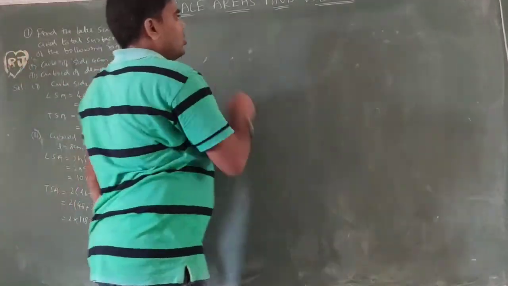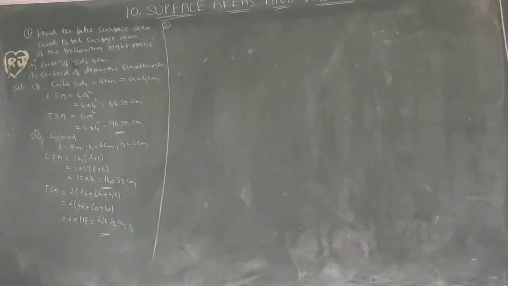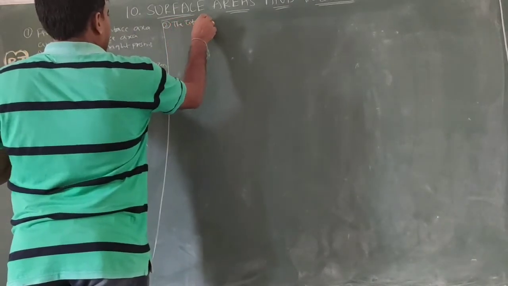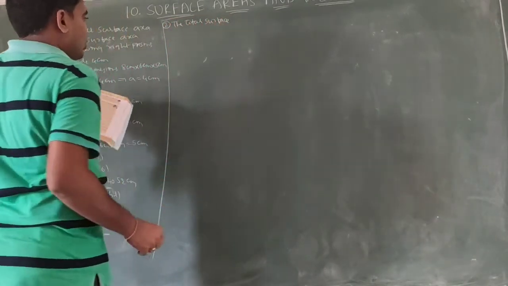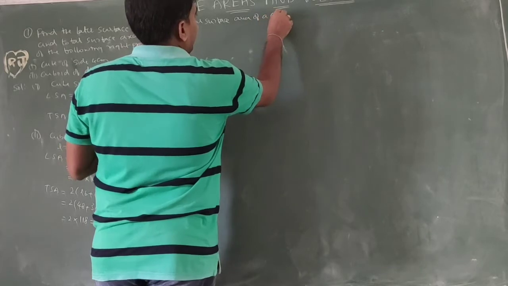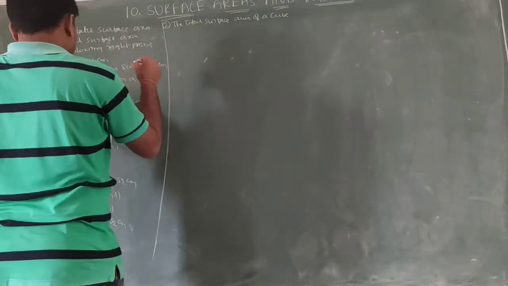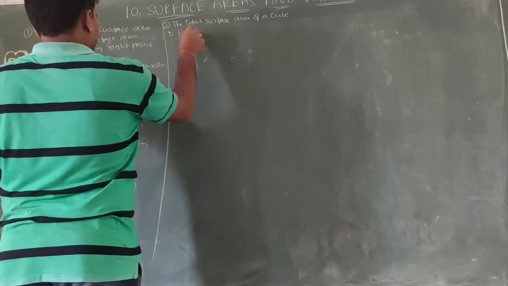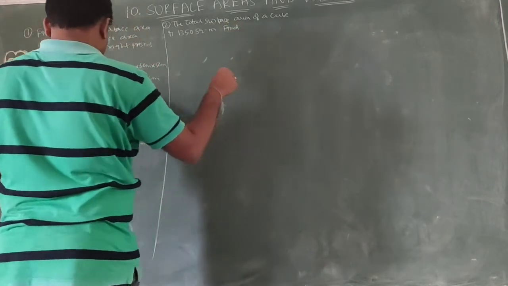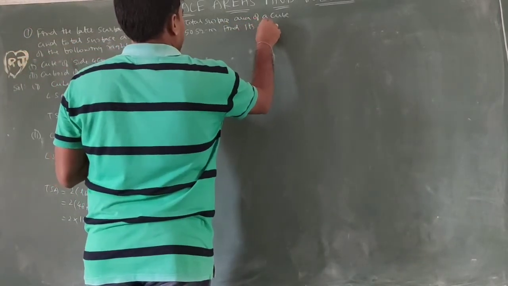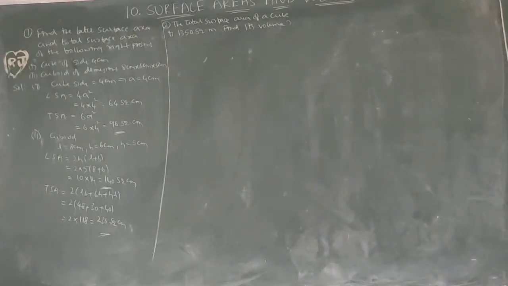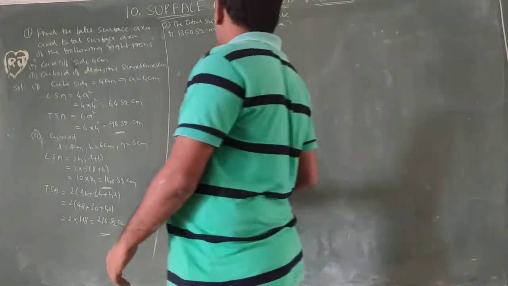Next, question number 2. The total surface area of a cube is 1350 square meters. Find its volume. So here total surface area is given. We need to find out the volume. Okay, solution.